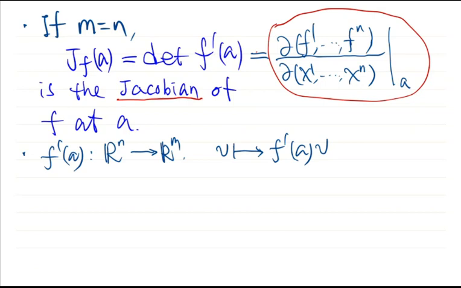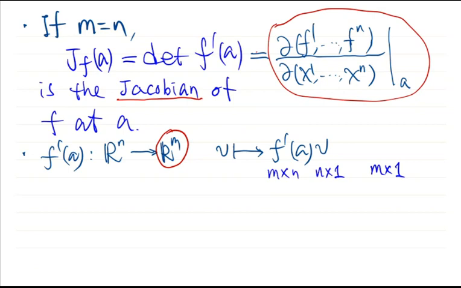It is reasonable because here the Jacobian matrix is m by n, and the vector v is n by 1. So the result is an m by 1 vector, which is an element of Rm. And this mapping is linear, as you see in linear algebra. So this is a linear map.